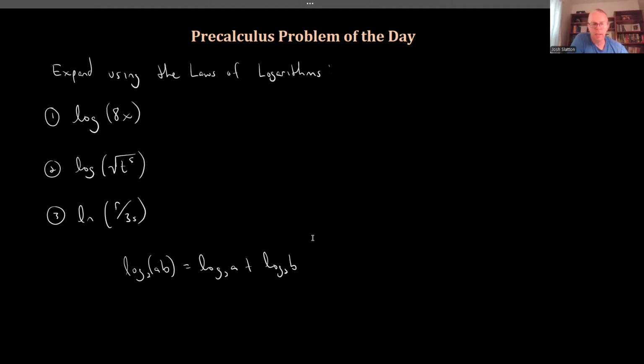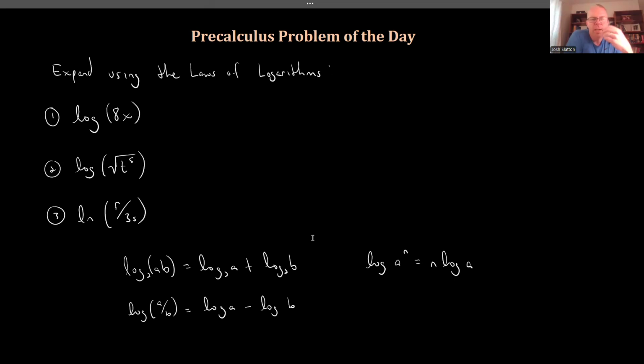Then we have log of A over B would be log of A minus log of B. And then the last one commonly used for this kind of thing: log of A to the n. We can bring this exponent down in front of the log and write n times log of A.